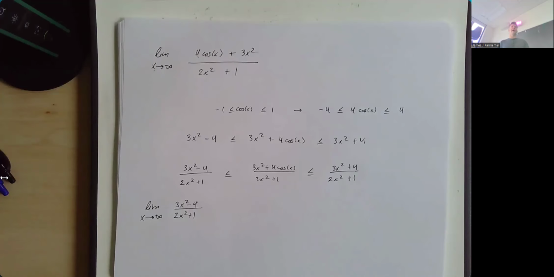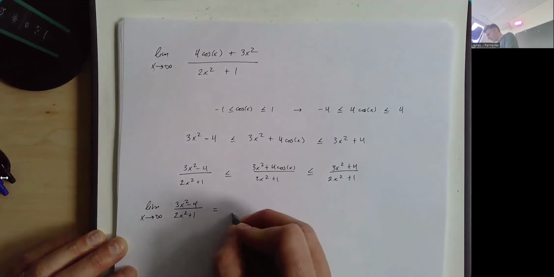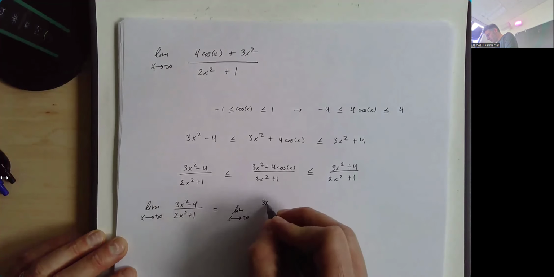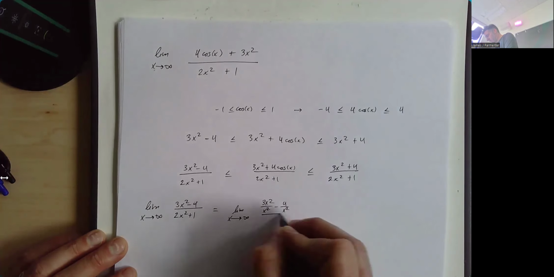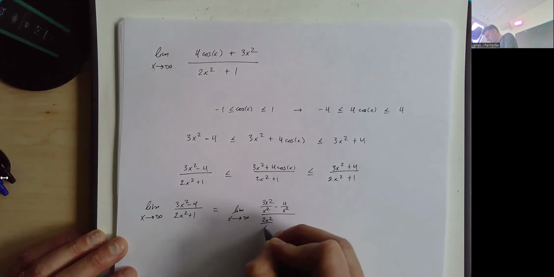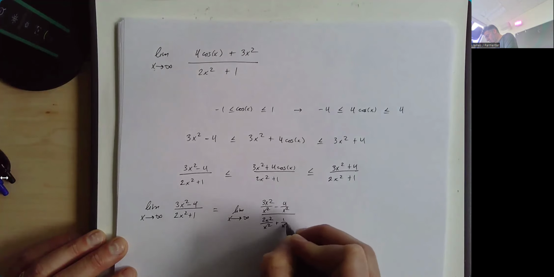The longer way is to divide everything by the highest power of x that's in the denominator. I'll do it that way first, and then I'll show you the other way. So if I divide everything by x squared, look what happens. I get (3x squared divided by x squared minus 4 divided by x squared) over (2x squared divided by x squared plus 1 divided by x squared).